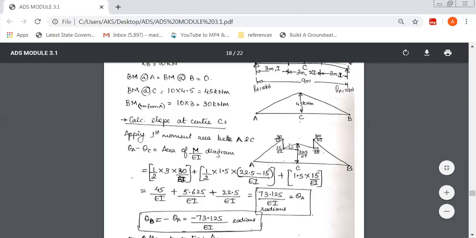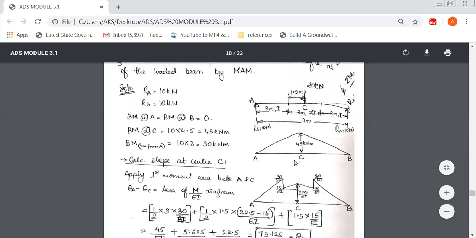Next, we'll take this smaller triangle. In this small triangle, the total is 22.5 and this portion is 15. So if you want to find the height of only this portion of the triangle, it is 22.5 minus 15. So this triangle is half into base.